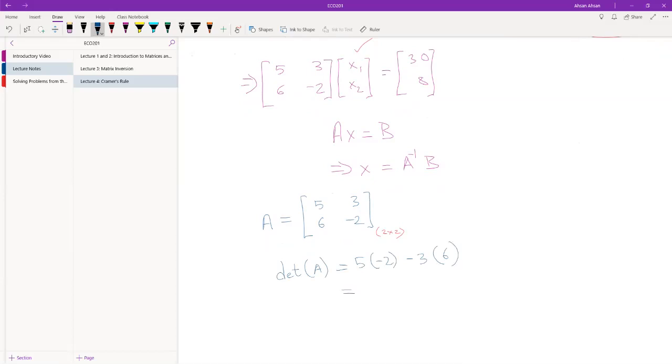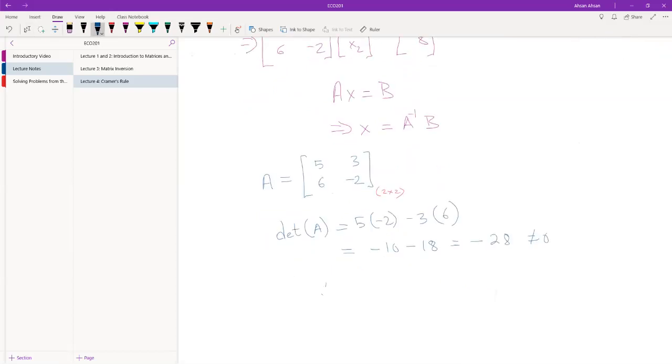So what do we get here? Minus 10 minus 18 equals minus 28, which is of course not equal to 0. So therefore, we know that A is square and non-singular.